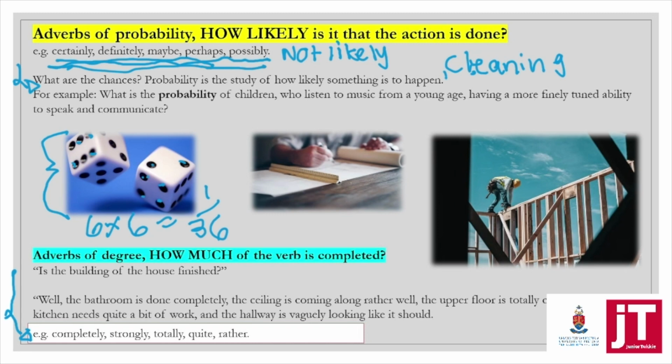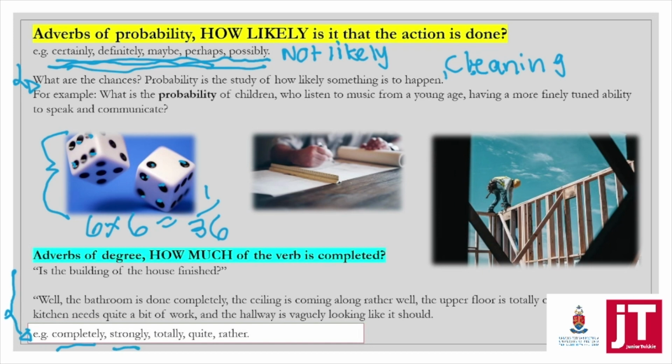Perhaps we can look at an assignment or our homework. How far along are you with your essay? You can say, well, I'm finished writing completely. Writing would be the verb. Okay, completely.